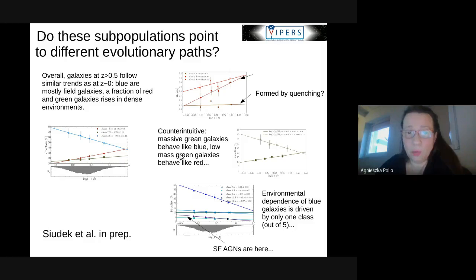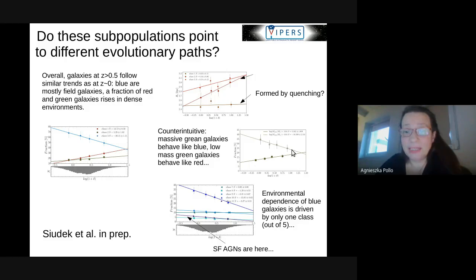And when we go to the green galaxies, they behave counterintuitively, but in a bit different sense, because we find that in their case, the main difference is in their mass. Massive galaxies behave more like blue galaxies.